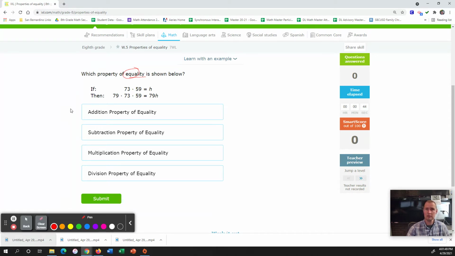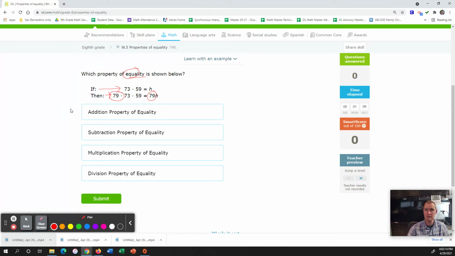So what we're going to do is look at the if statement and see the changes as it goes into the word then. For an example, if 73 times 59 equals H, then 79, wait a minute, that 79 popped out of nowhere, times 73 times 59 equals 79 times H. So notice we have on the then statement added 79.